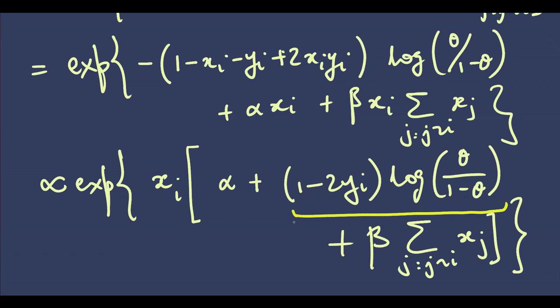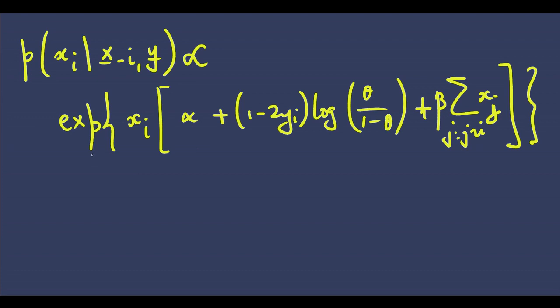Right, so it's like an extra term that we have for the pixel observation. Of course, it involves theta, which describes the noise generating mechanism, and the actual observation of the noisy image at pixel i. And then with this expression, this is what we need to implement our Gibbs sampler.